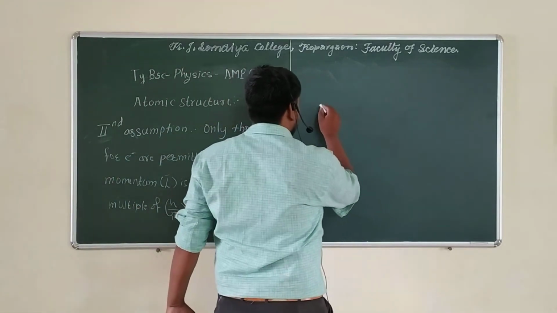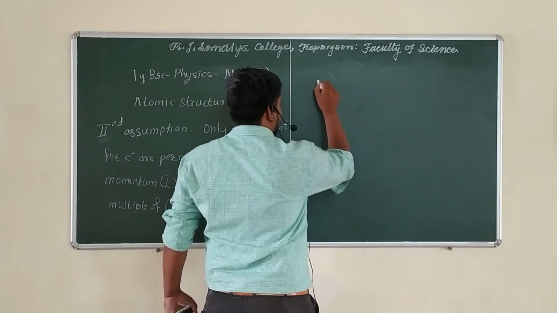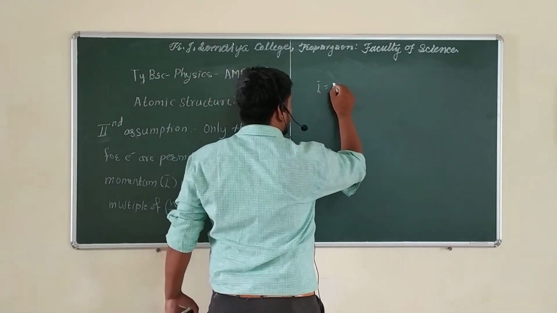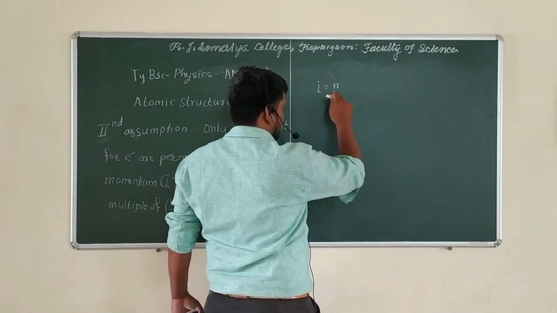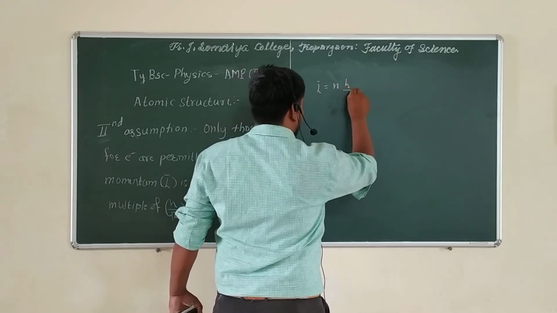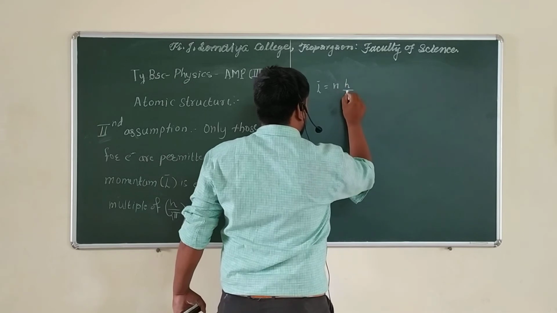That is given as L bar is equal to n into h upon 2 pi.